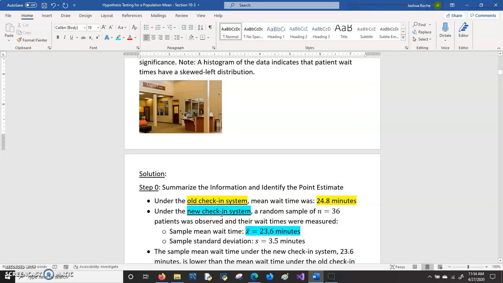The population mean wait time under this new system is not known, but they did do a study. They took a study and sampled 36 patients, observed their wait times, and calculated the sample mean to be 23.6 minutes, and the sample standard deviation to be 3.5 minutes.